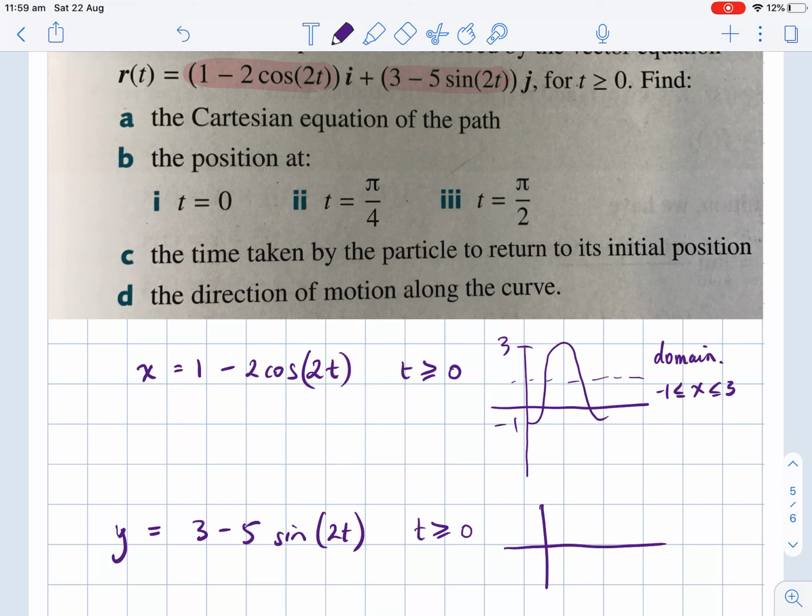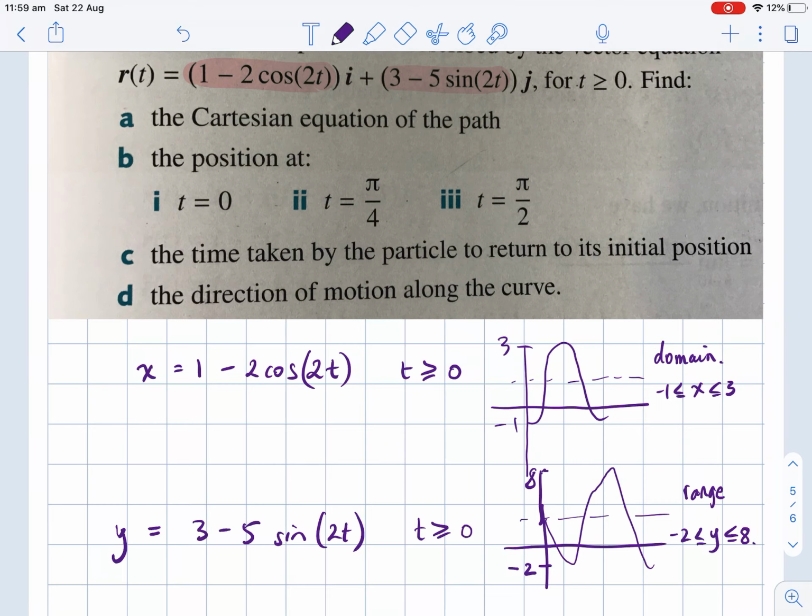It's a negative sine graph and it's moved up 3 places, and it's going to go down 5 spots and up 5 spots from there. So it's going to take me up to 8 and down to negative 2. So the range of my Cartesian equation will be from negative 2 to 8.